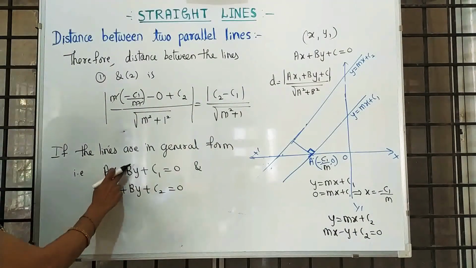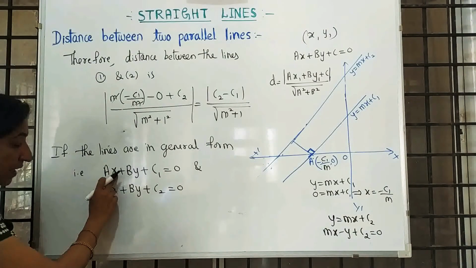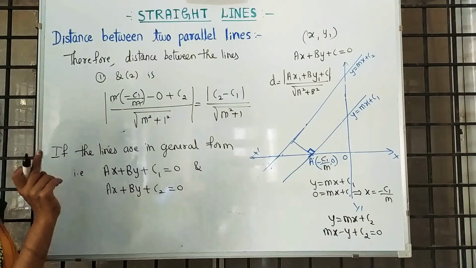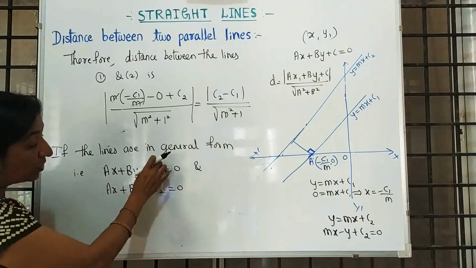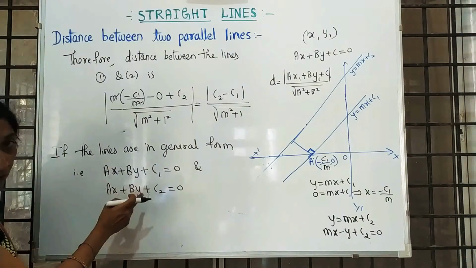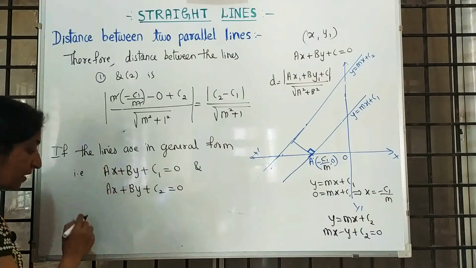See, again here also we have one more hint. Their x and y coefficients are the same, only their constants are different. If the constants are different and they have the same coefficients, it means they are parallel lines.